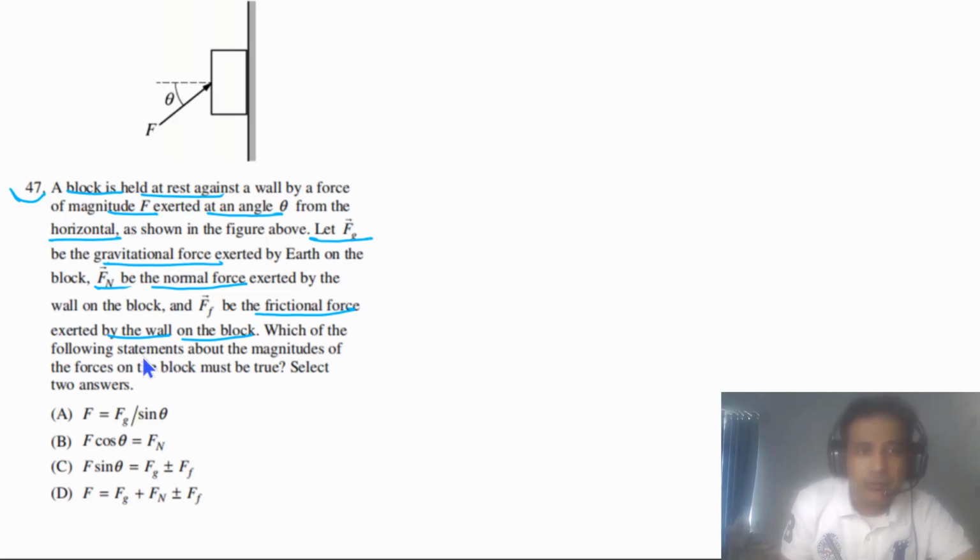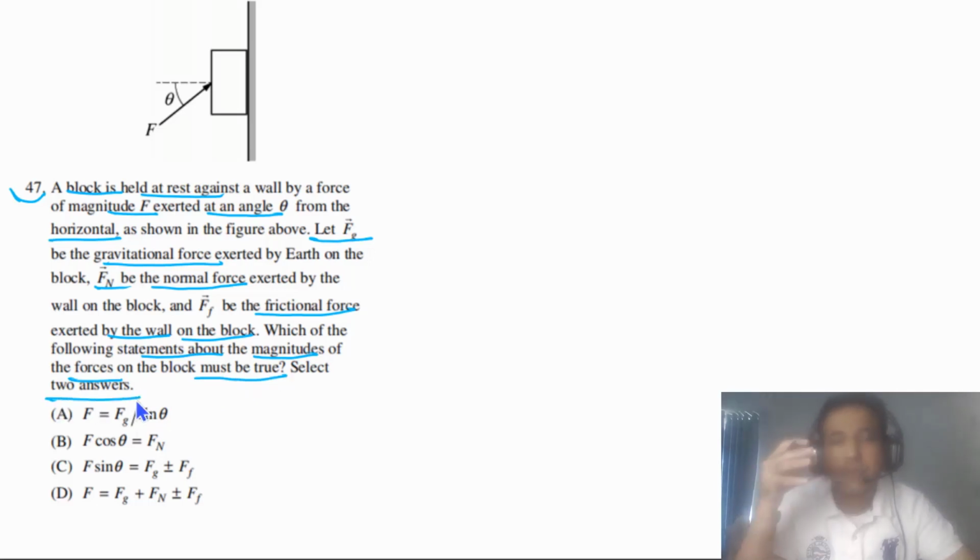Which of the following statements about the magnitudes of the forces on the block must be true? Select two answers. We have to select two answers, and this question is simply about the forces acting on the block.